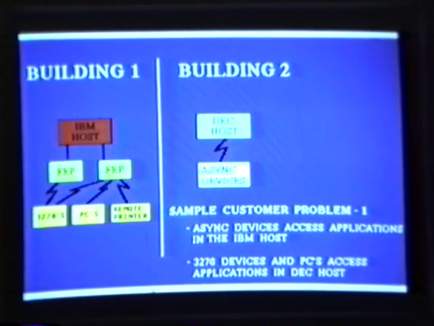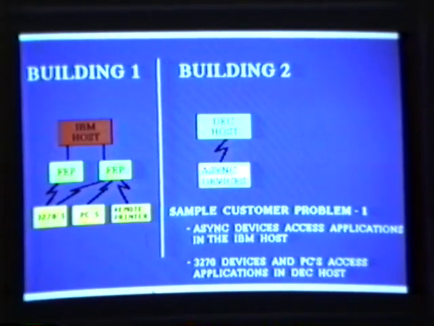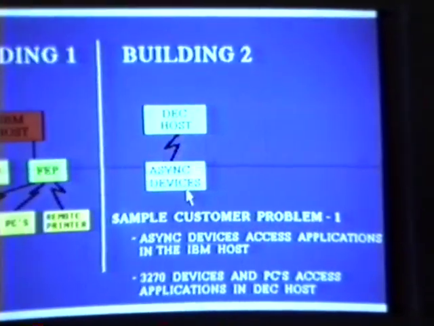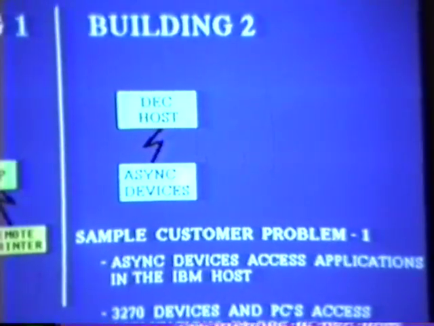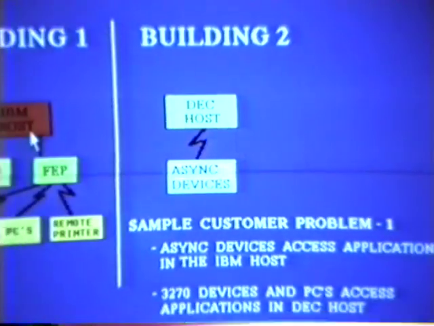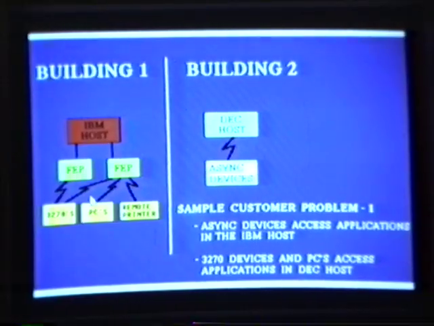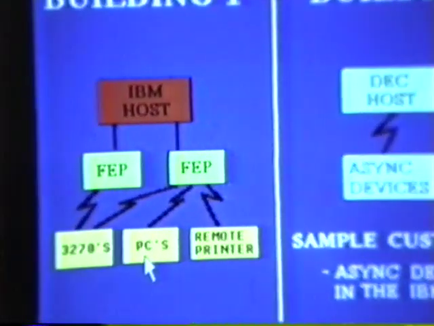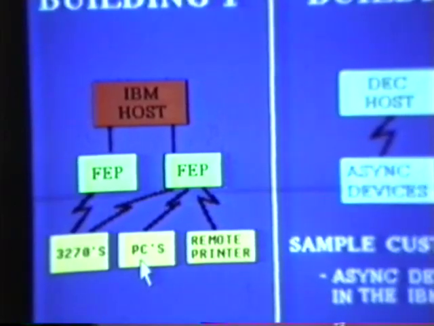This is one of the two problems related to terminal emulation and protocol conversion. The problem is provision of access for async devices to applications in the IBM host, and also provision of access for PC and 3270 devices to applications within the DEC host.